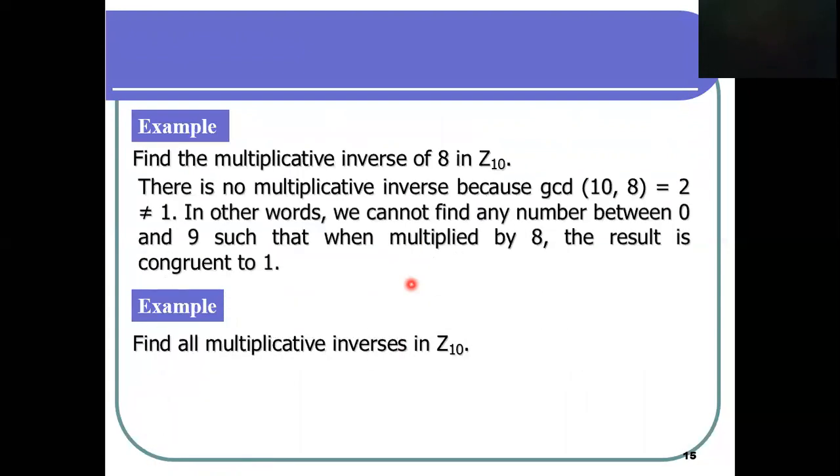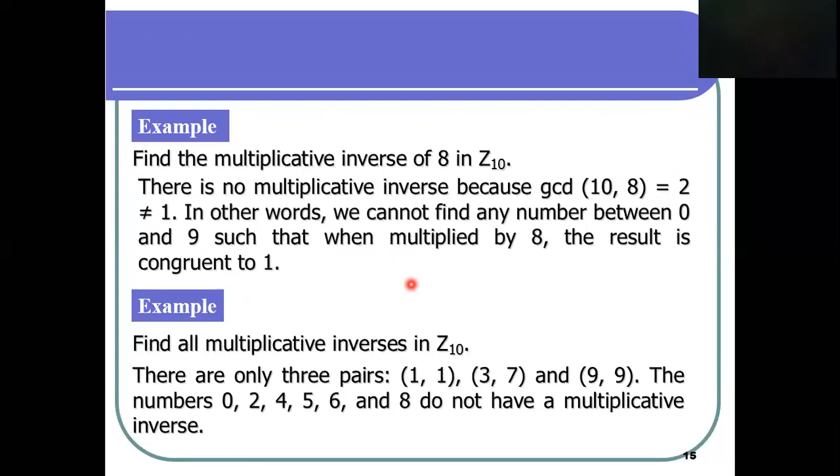The most powerful way to calculate the multiplicative inverse of any element in any modulo class is to calculate its GCD first. If the GCD of a number with the modulo is 1, then the inverse exists.